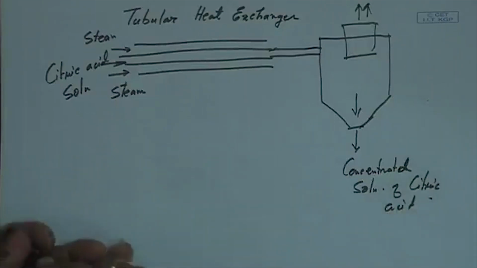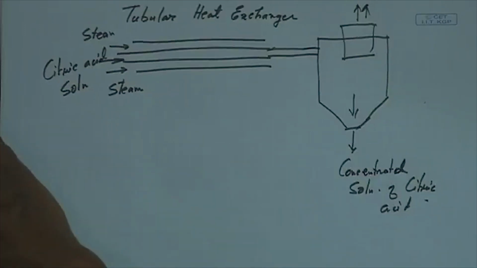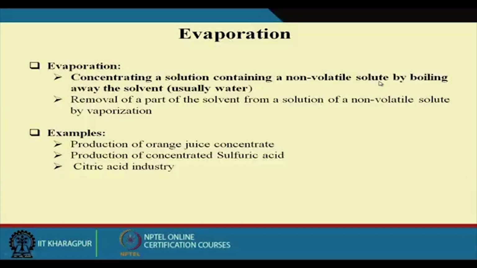That is why I told you this is concentrating a solution containing non-volatile solid, because we know that two types of solids are there: one is called volatile, and the other is non-volatile. I can give a very simple example.